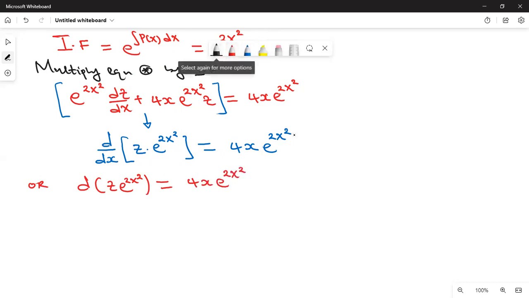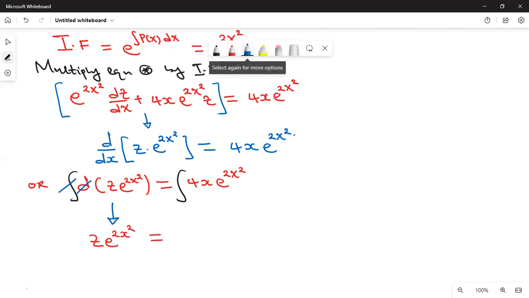Now you can integrate both sides. If you look at the left-hand side, you realize that we have an integral and a derivative, which are inverses of each other. So those two will cancel out, so what you remain with on the left-hand side is z times exponential 2x squared is equal to.